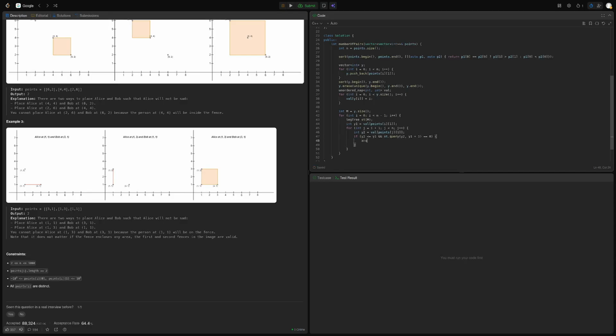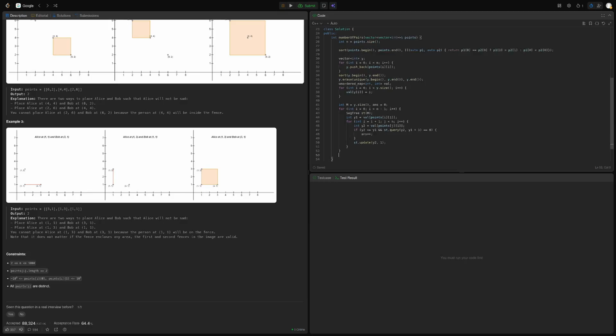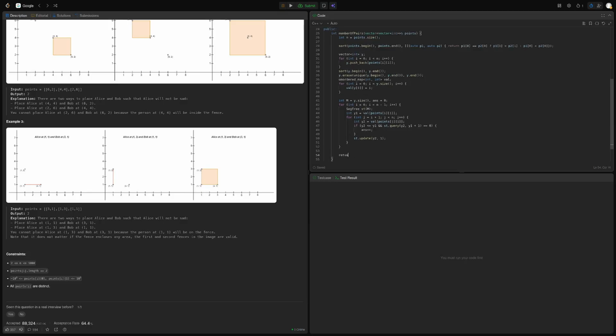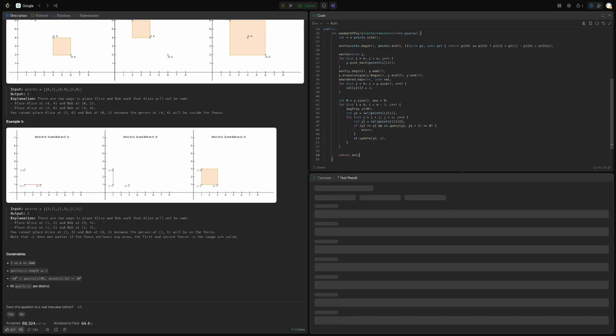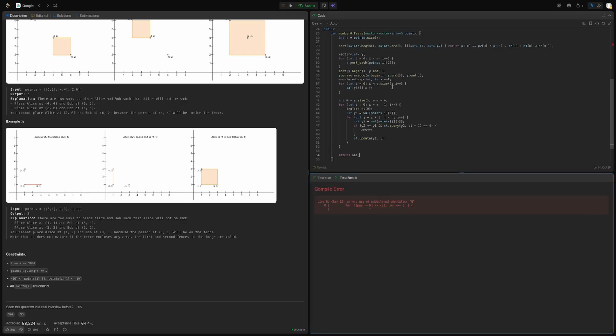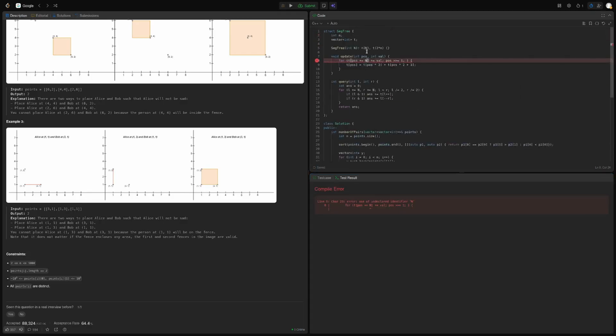Then we do ans plus plus, and finally we do st update position y2 with 1. Okay, let's see what's wrong. So n is undefined, great, so I swapped it.